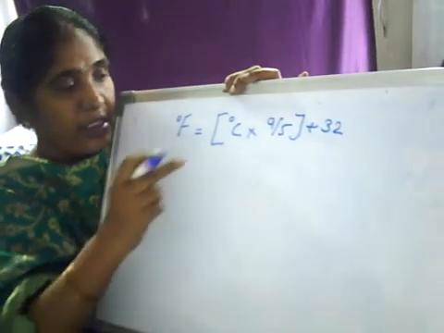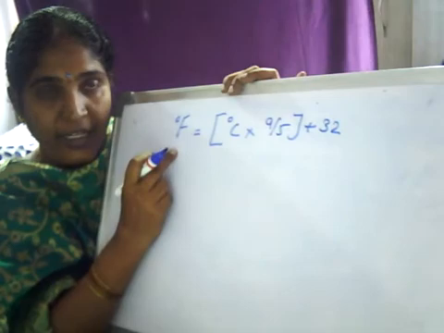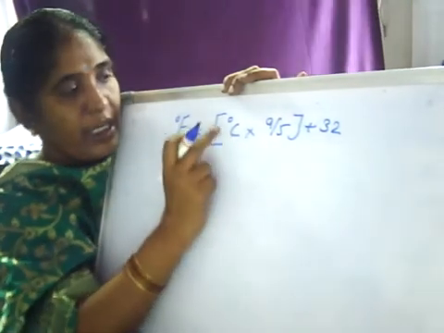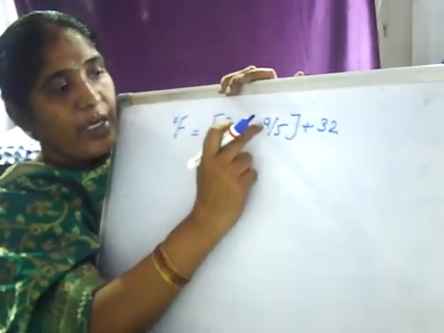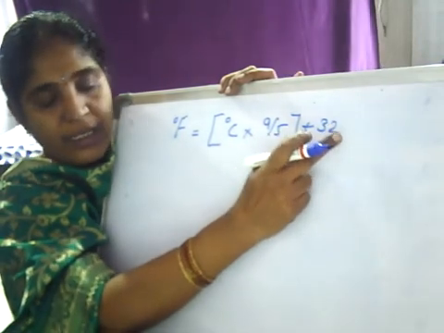To convert Celsius into Fahrenheit, this is the formula we use: degrees centigrade into 9 by 5 plus 32.